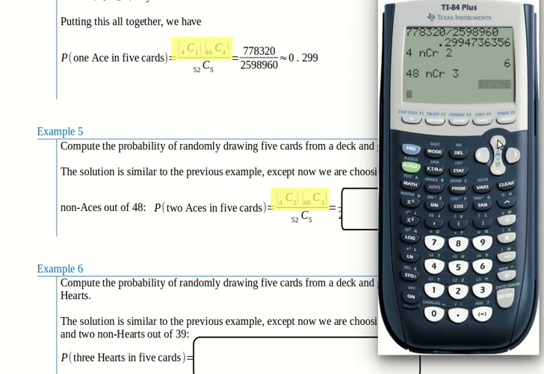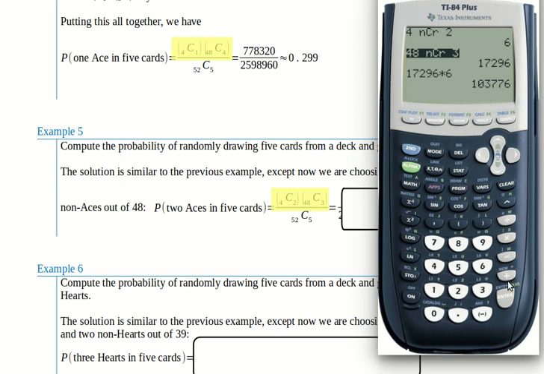I'm going to take these 2 numbers, arrow up and enter to get that first number. I'm going to multiply by the 6, which I just entered instead of arrowing up. I'm going to get our numerator. So our numerator is 103,776. Our denominator is the same.